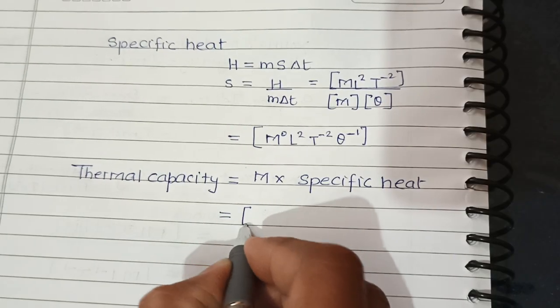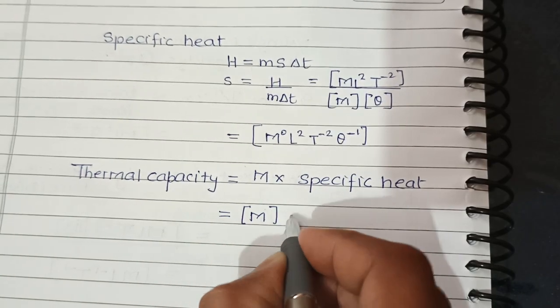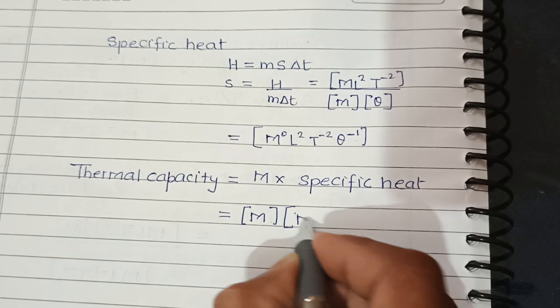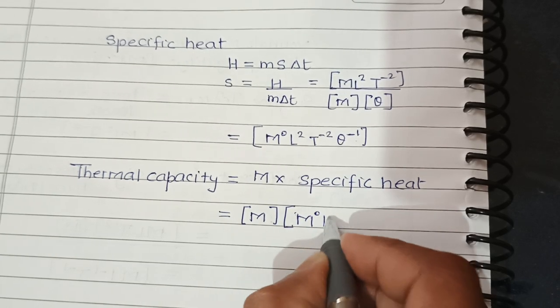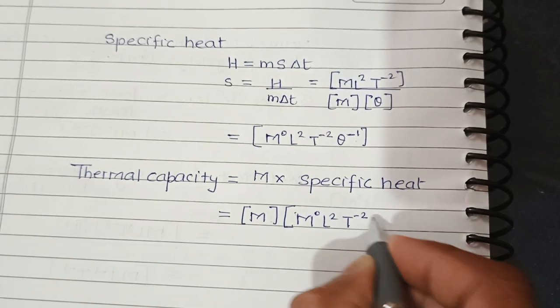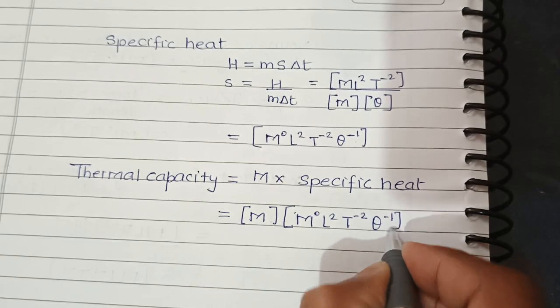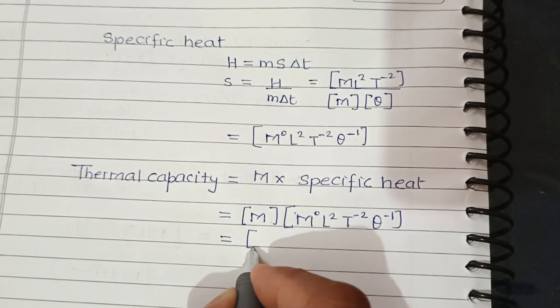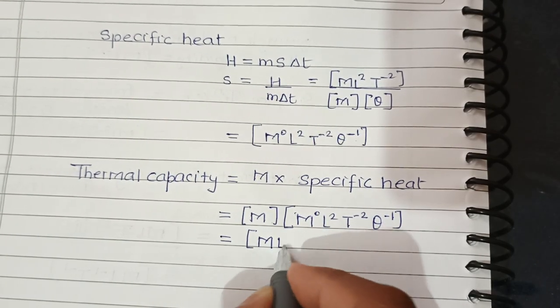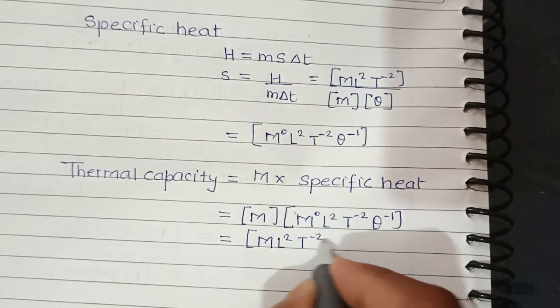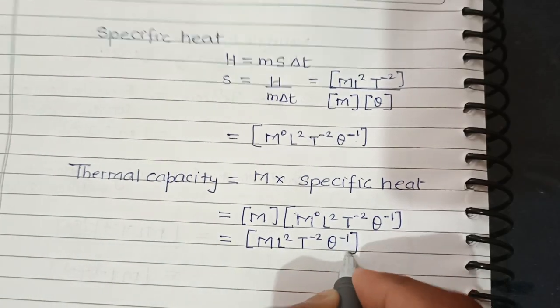Mass m and specific heat is m naught L square T minus 2 theta to the power minus 1. So that is m L square T minus 2 theta to the power minus 1.